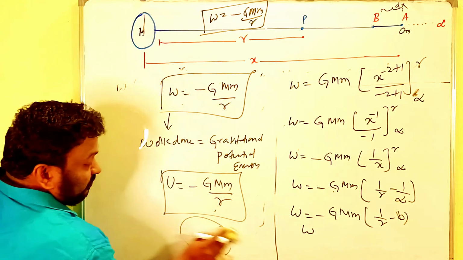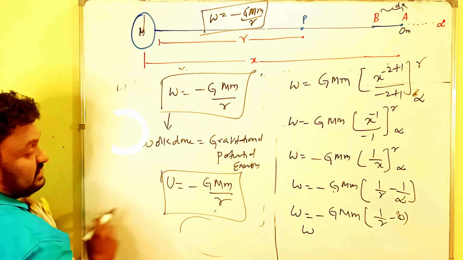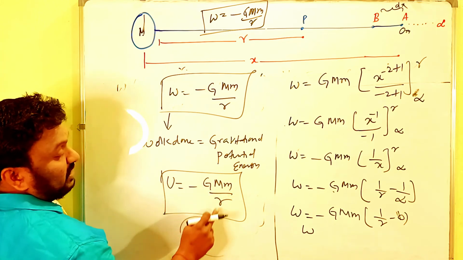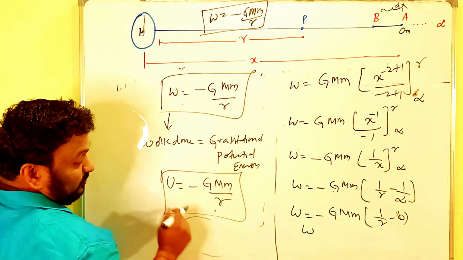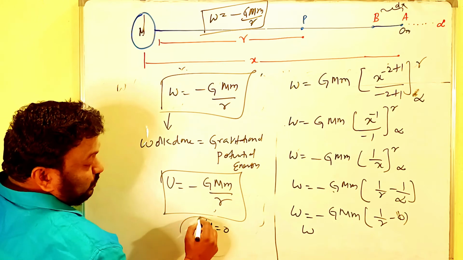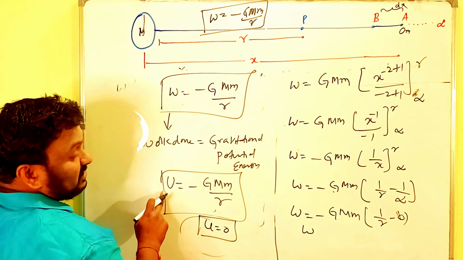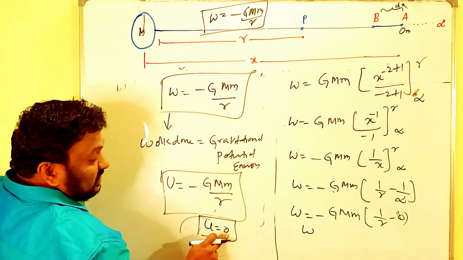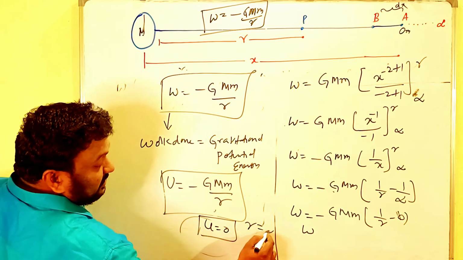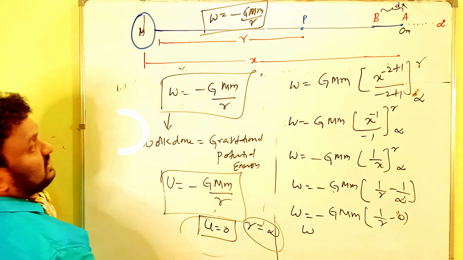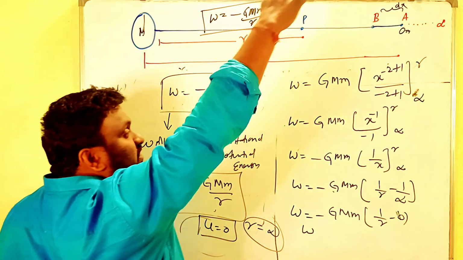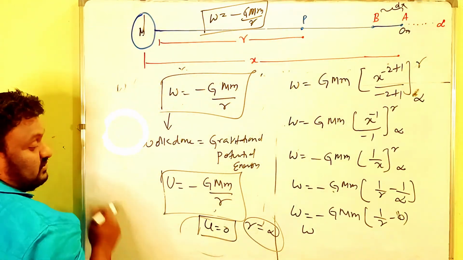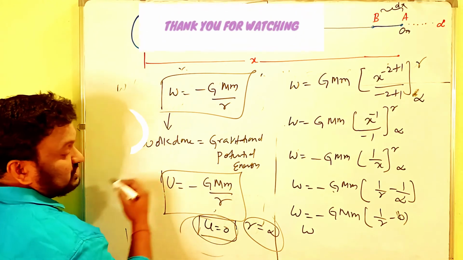So children, from this equation, U is equal to minus G M m by r. For example, when is U equal to 0? U is gravitational potential energy. U is 0 when r is infinity, meaning the point is very far from the earth. Then the U value becomes 0.